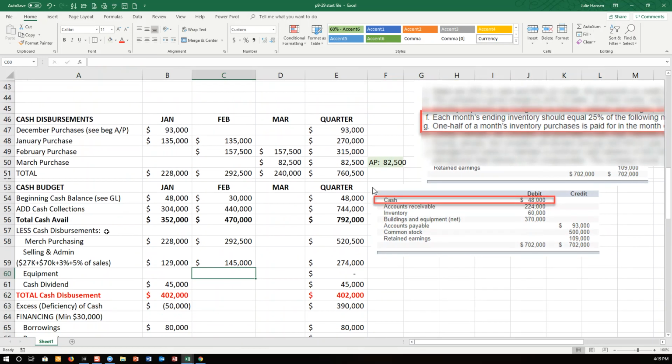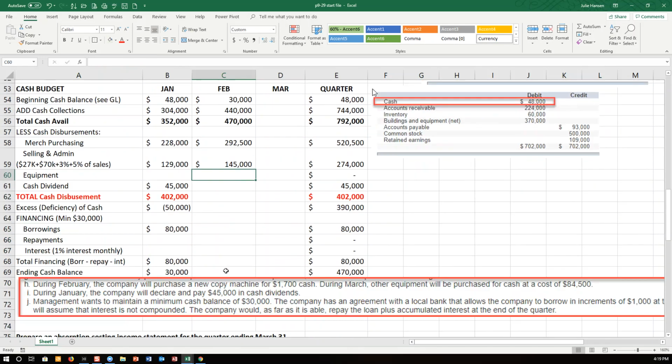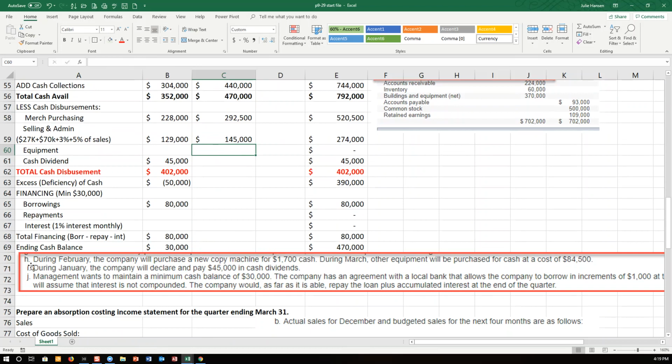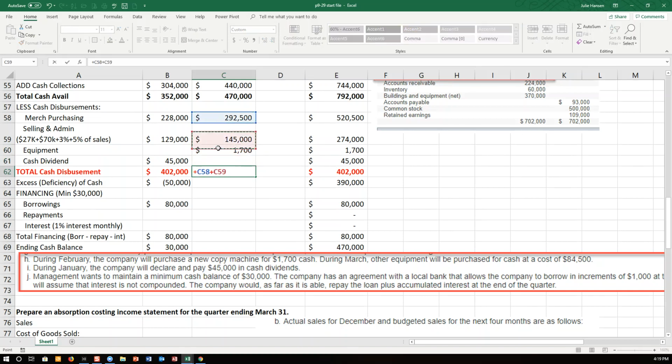Okay, then they told me that they're going to purchase a new copy machine in February, so I'm going to go ahead and add that $1,700 for February. No cash dividends. My cash disbursements are going to be my merchandise purchases plus my selling and administrative plus whatever equipment, and there are my total cash disbursements.